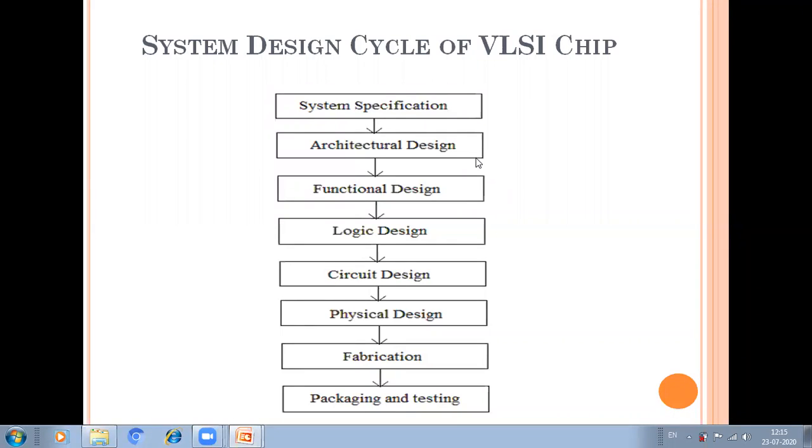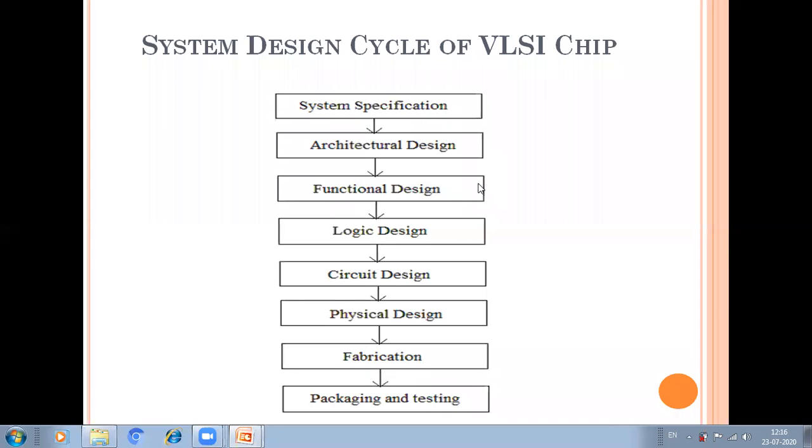So all these things are included when we refer to the architectural design step. Again, the behavioral description may be used. In the behavioral description, we know the functionality of every component. Suppose a few hardware components are there, we have to refer to these components, so we know the details of every component.